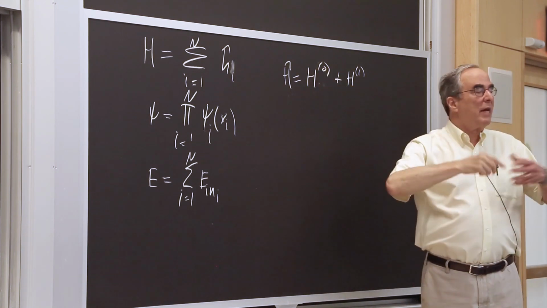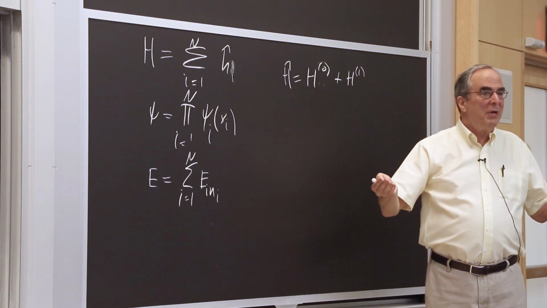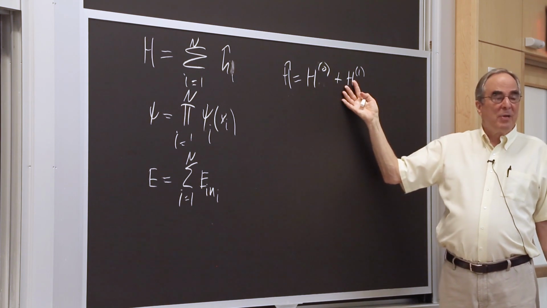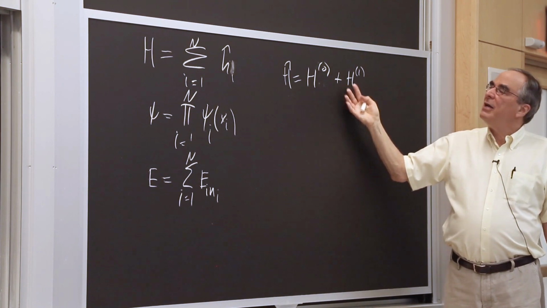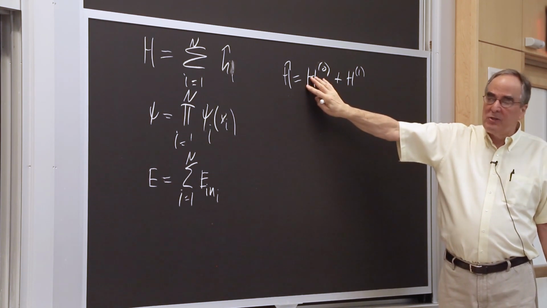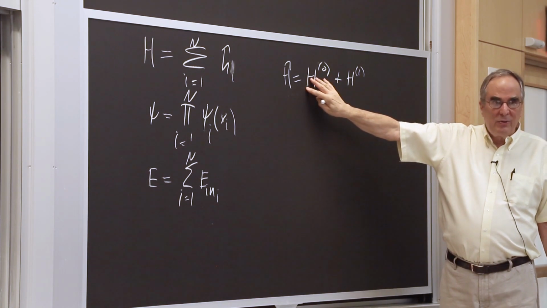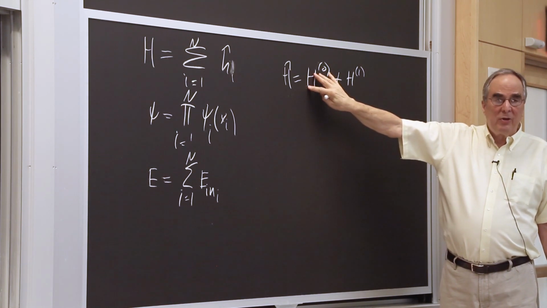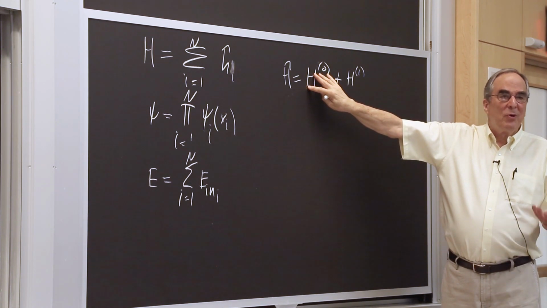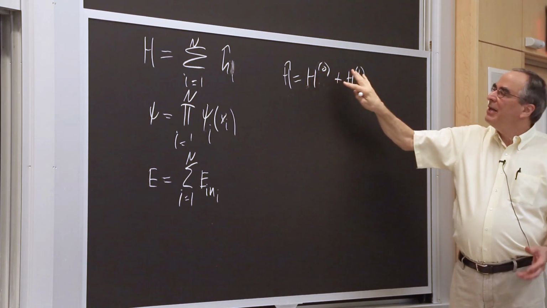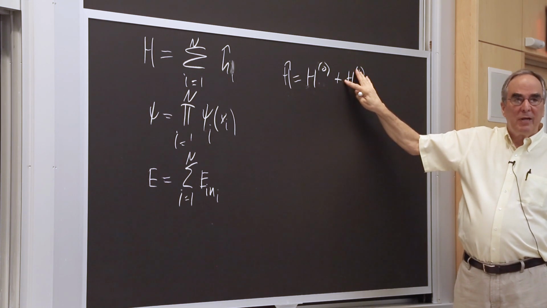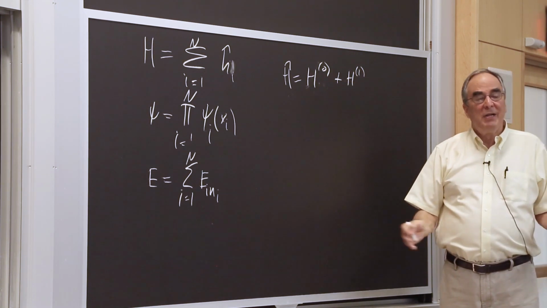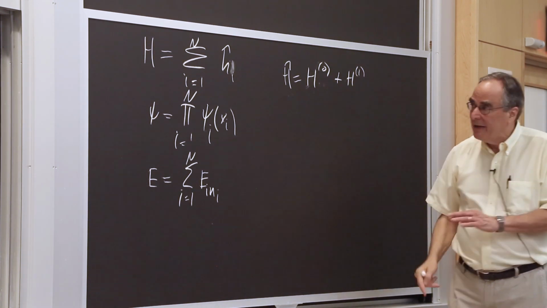This is what we'd like nature to be. But nature isn't so kind, and there are some coupling terms. And so we know the eigenfunctions and eigenvalues of this Hamiltonian. We call them the basis functions and the zero-order energies. And then there's this thing that couples them and leads to complications, and that's perturbation theory. We're going to do that.